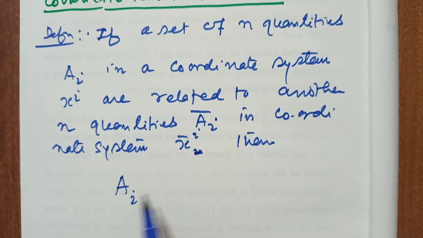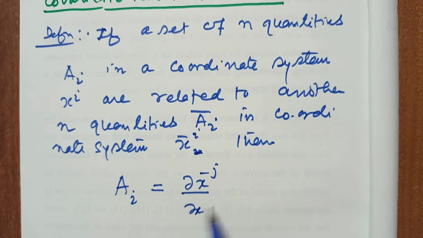Okay, means a_i equal to del x bar j upon del x^i a bar j.